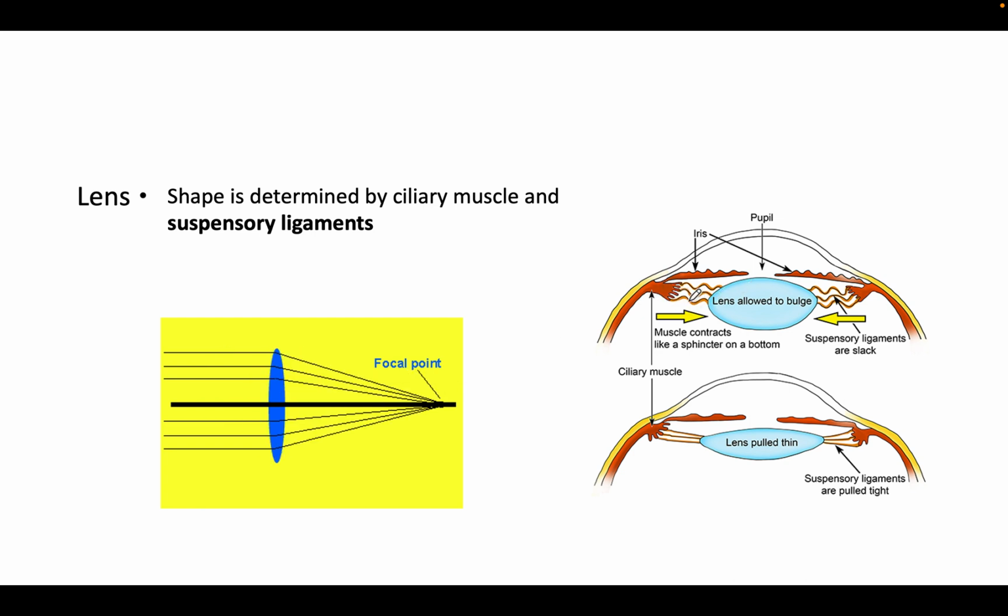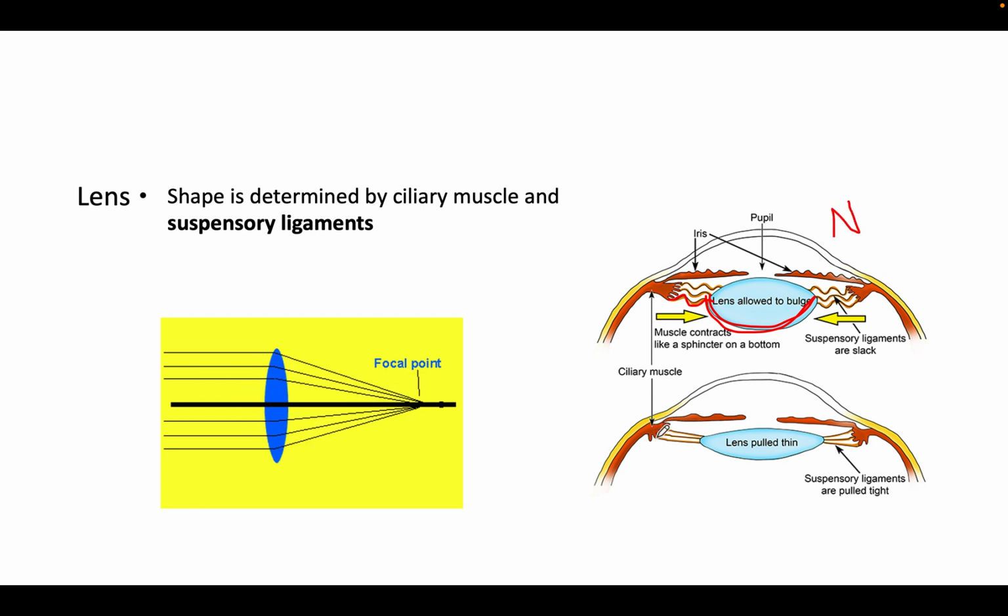Whenever this muscle contracts, the fibers are actually loose. So when this ciliary muscle contracts, these zonular fibers, or suspensory ligaments, become loose, and the lens is allowed to bulge, or become more curved. This is good for near vision. So I'm just going to write an N for near vision.